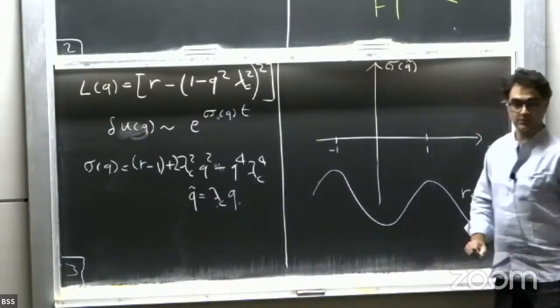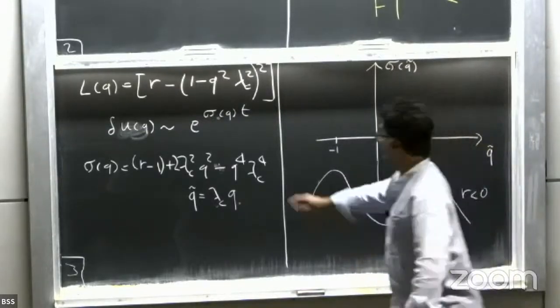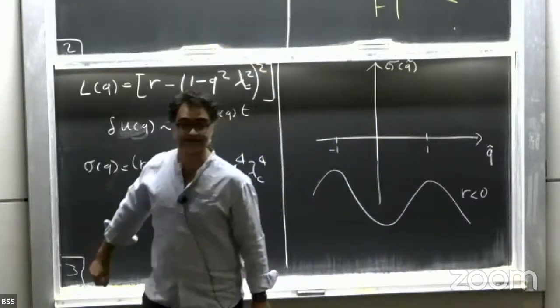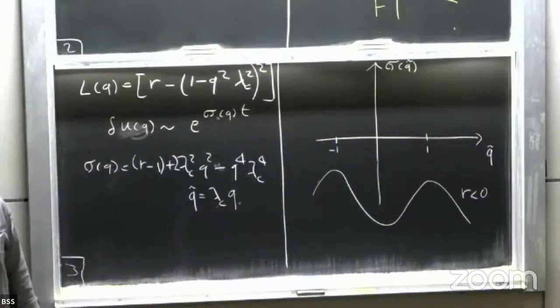less than 0. R is the parameter that was multiplying the linear term in the equation. At this moment it doesn't have a physical interpretation because I didn't tell you, but it will be the control parameter that controls the instability. How do I know that?